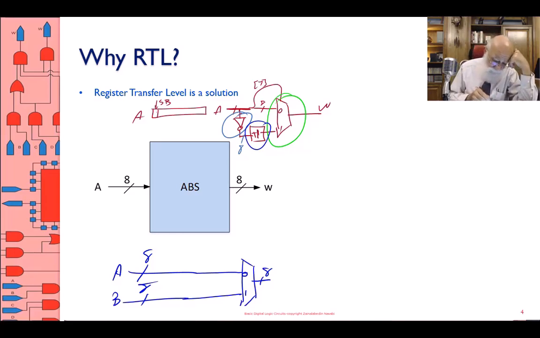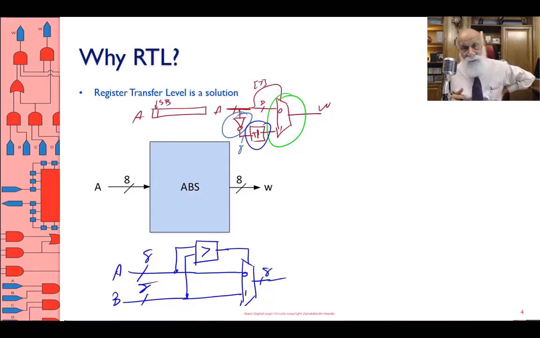And then I use a comparator. If A is greater than B, I let A go through to the output. If A is less than B, I let B go to the output. This is a maximum finder circuit.